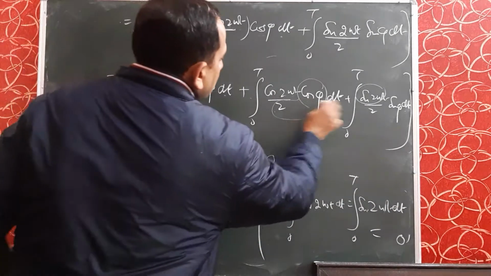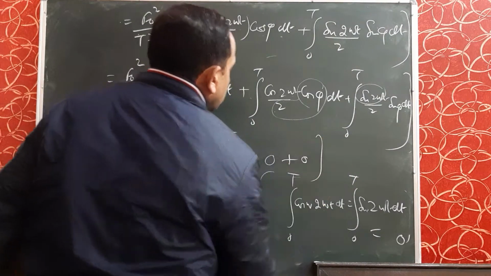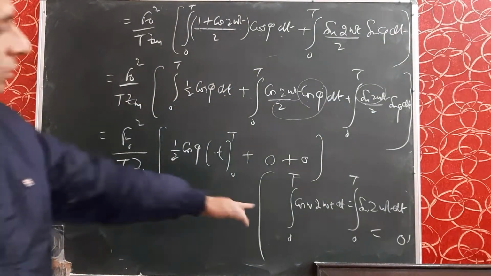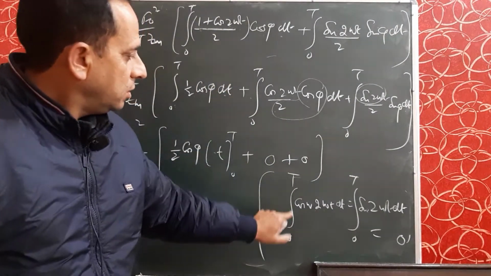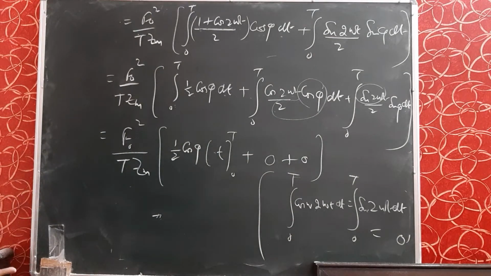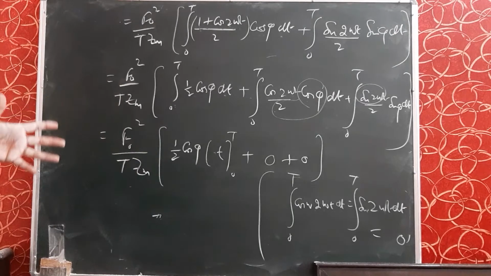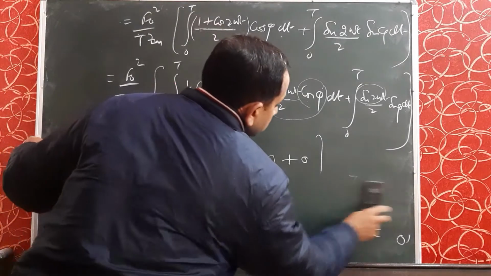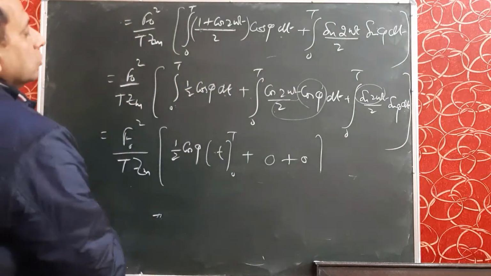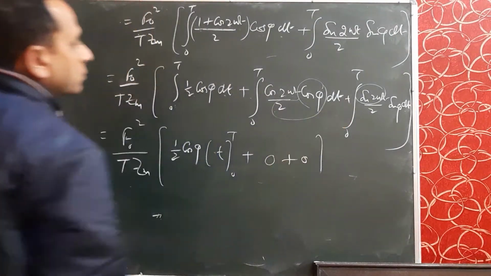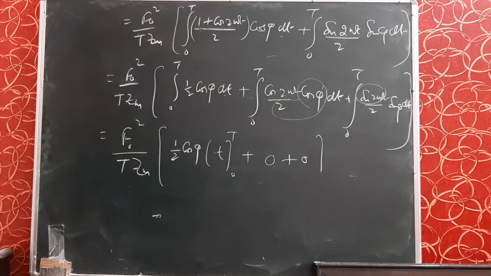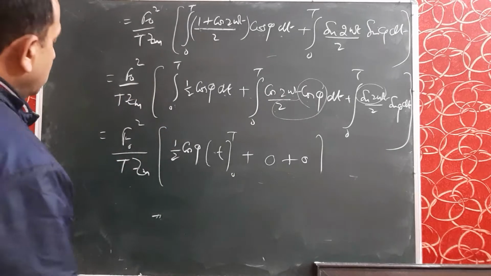So, second term becomes 0, third term also becomes 0. You may solve this cos 2 omega t by simple integral method. You will find that the answer of cos 2 theta and sin 2 theta is always 0. So, the second term and third term will vanish, only the first term remains.